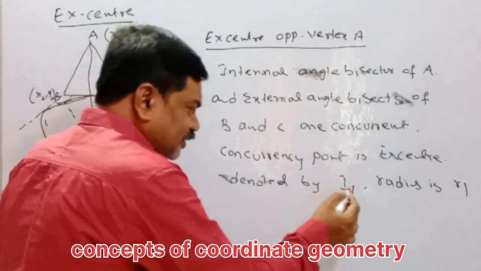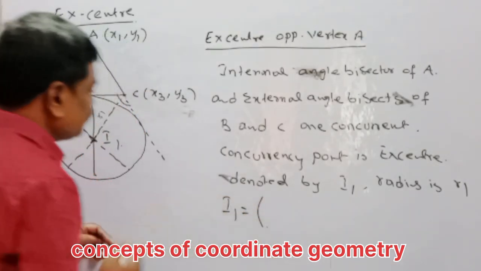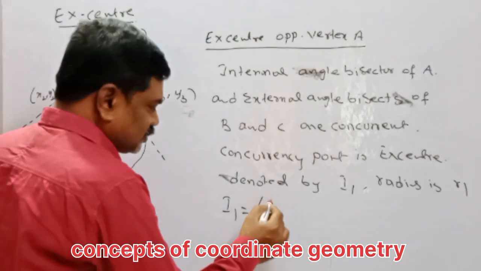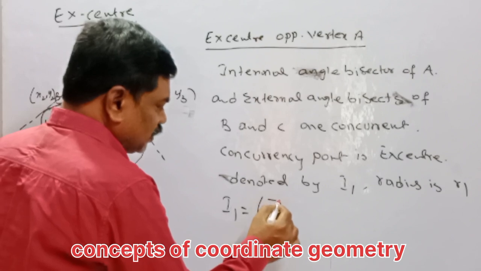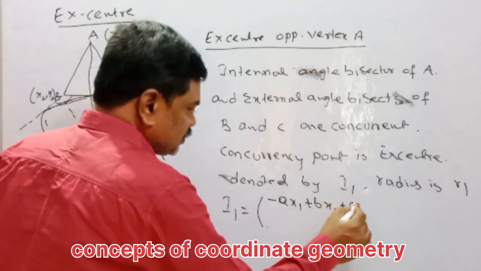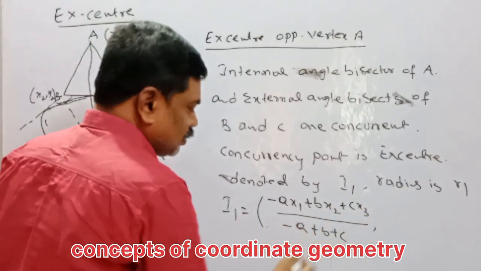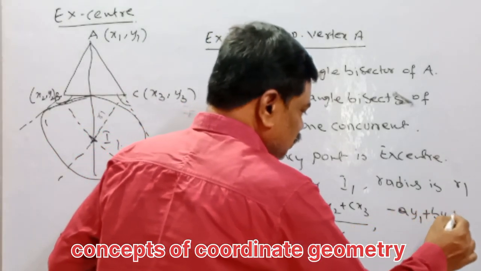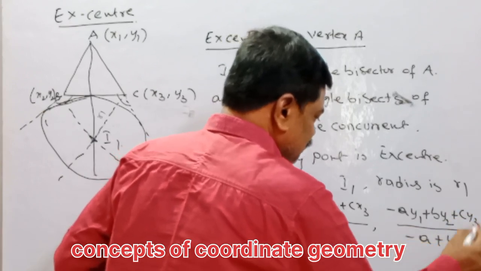Then what are the coordinates of I1? The coordinates of I1 are minus (ax1 plus bx2 plus cx3) by (minus a plus b plus c), and minus (ay1 plus by2 plus cy3) by (minus a plus b plus c).